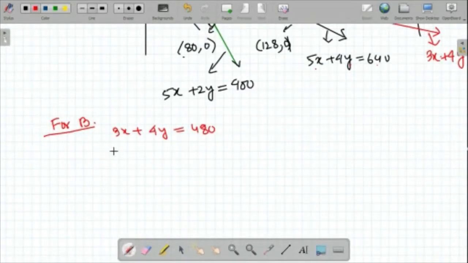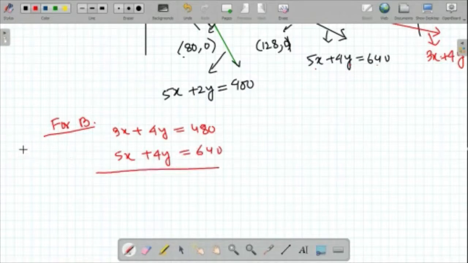So write down 5x plus 4y equals 640, right? Now you can say solving, 4y and 4y are equal, so just subtract it. 3x minus 5x will be minus 2x. 480 minus 640, it will be how much?